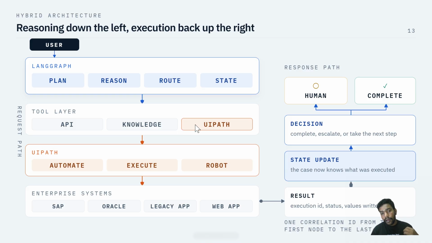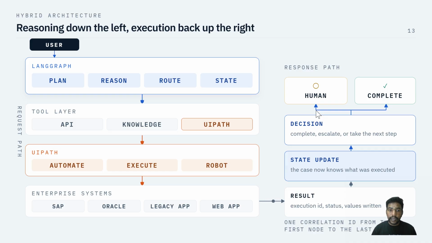As we are all aware, UiPath automates and executes the robot work inside the enterprise system, and the outcome comes back as a result. Now, follow this right column, right? Because this is the half that most architecture diagrams get wrong.